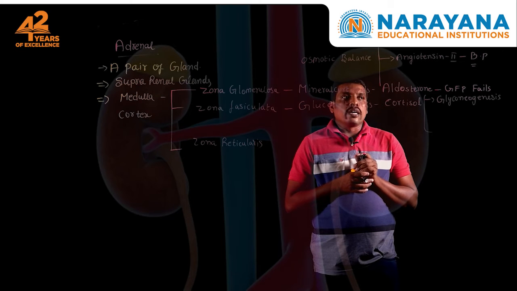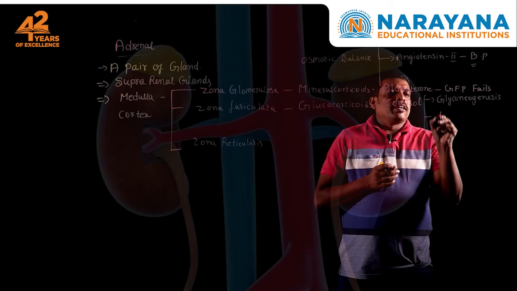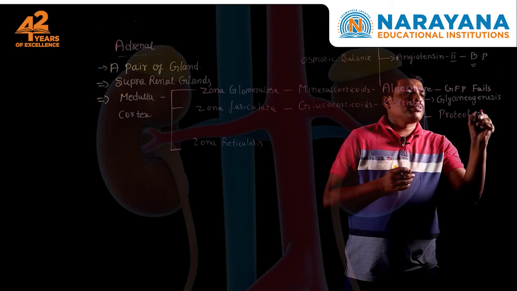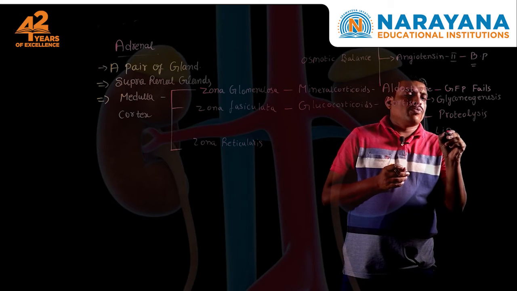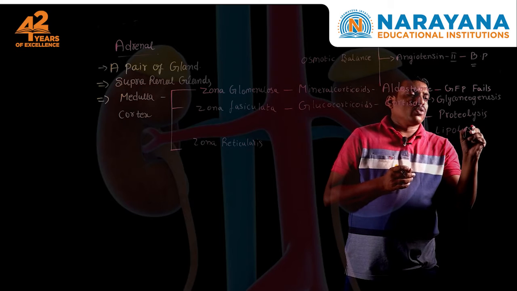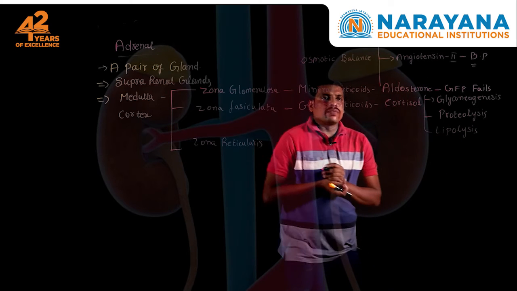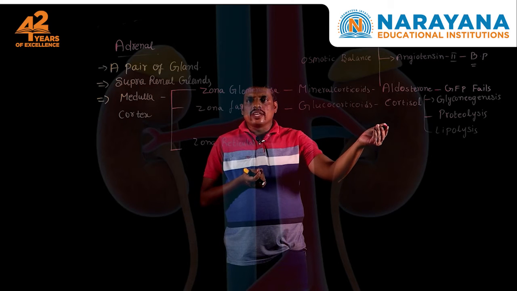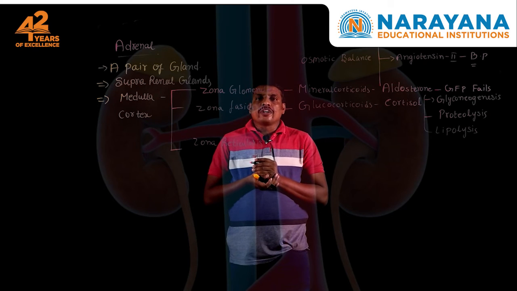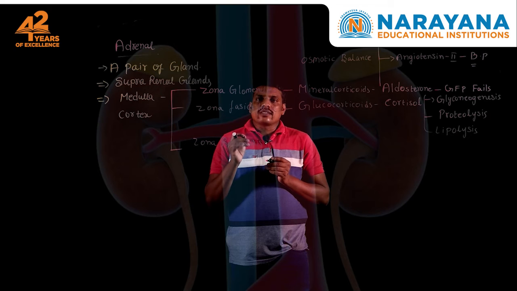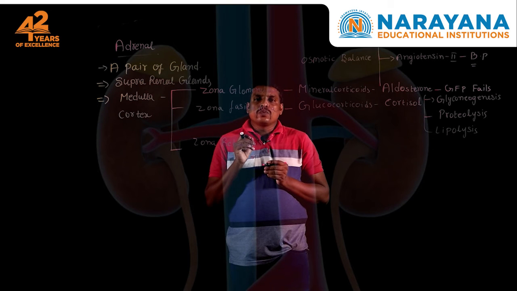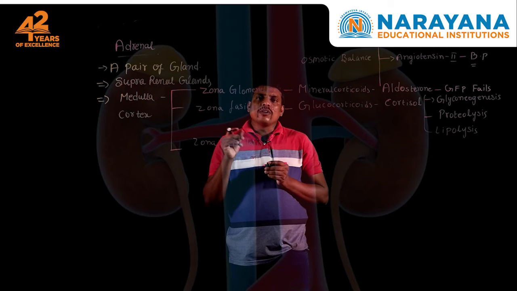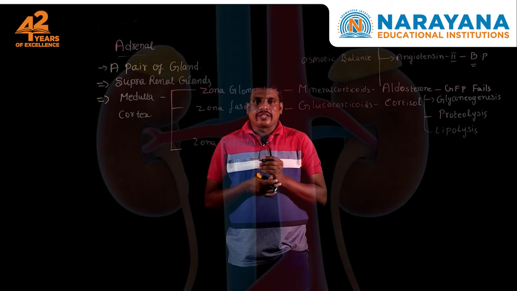It helps in proteolysis, the breakdown of proteins, and lipolysis, the breakdown of lipids. In this way, glucocorticoids regulate the cardiovascular system and osmotic balance in the blood, control the blood pressure, and monitor the heartbeat and heart rate.